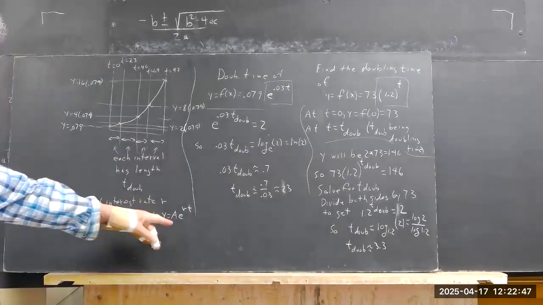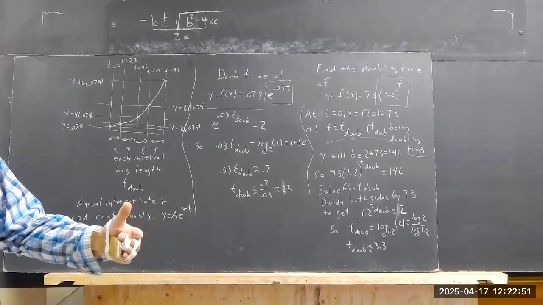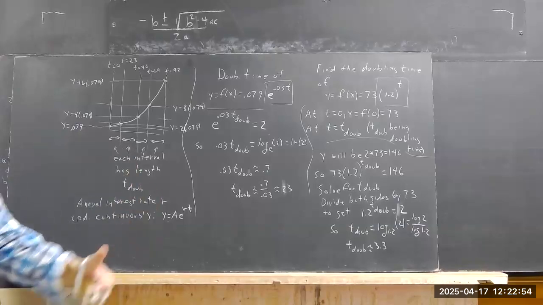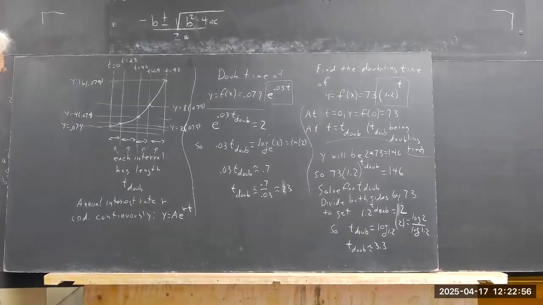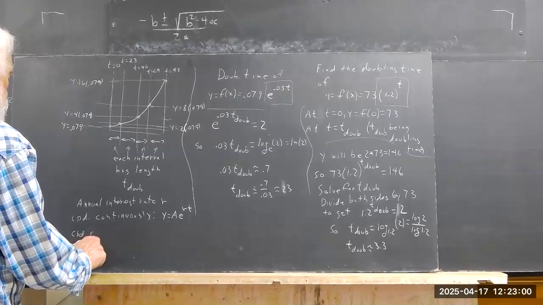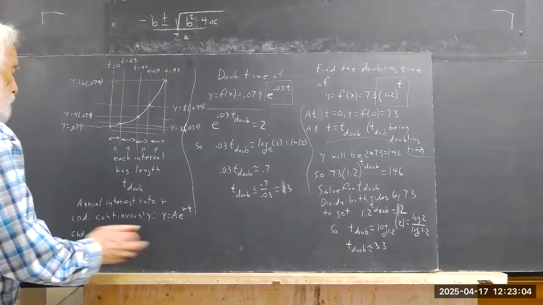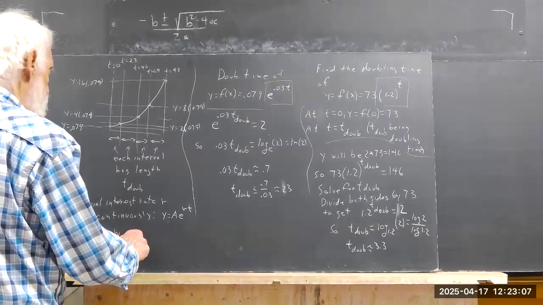This continuous compounding gives you whatever your principal is times e to the rt, right? Remember that? Because you need that. And then just as an example, compounded quarterly.